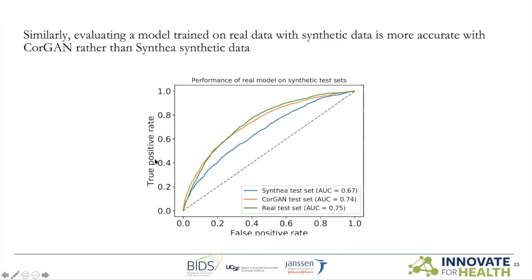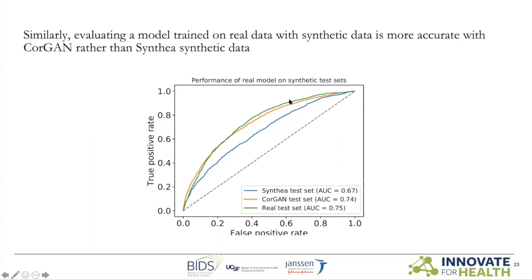So again, we see some similar patterns. The green is the real model tested on a real data set, compared with the orange, which is a real model tested on the CorGAN test set.